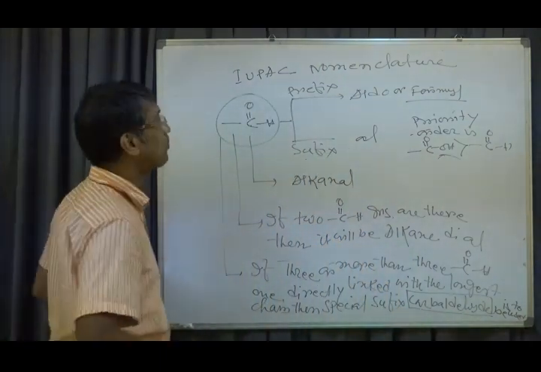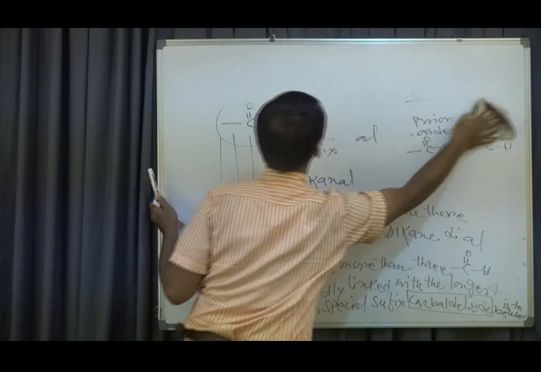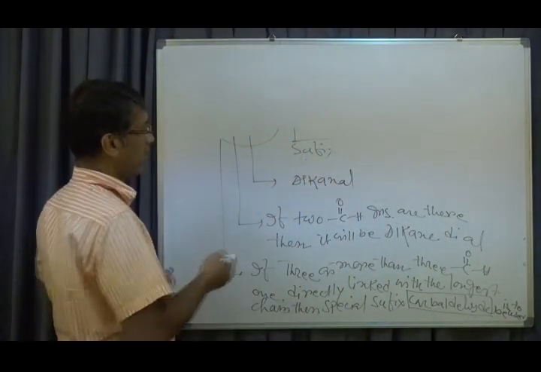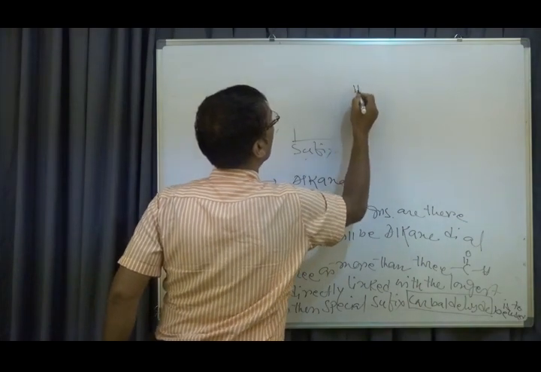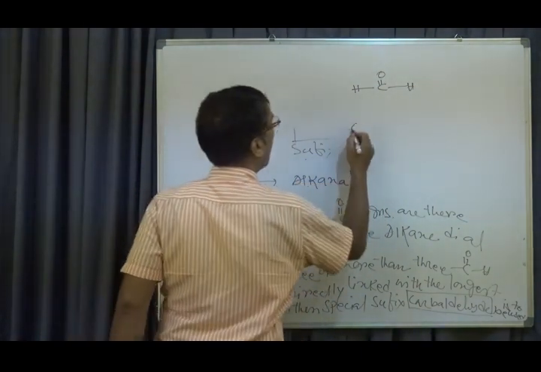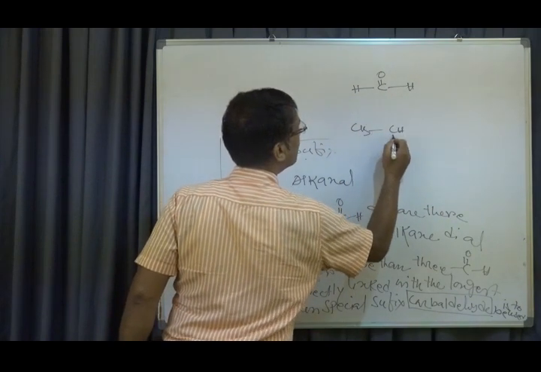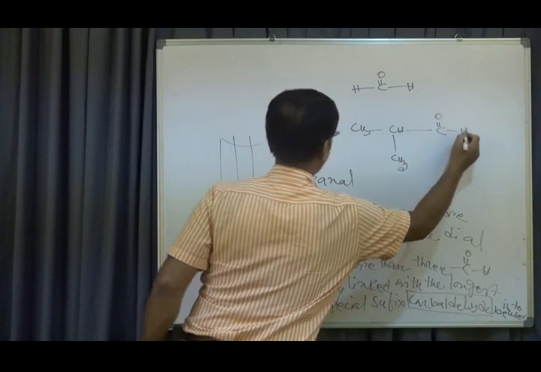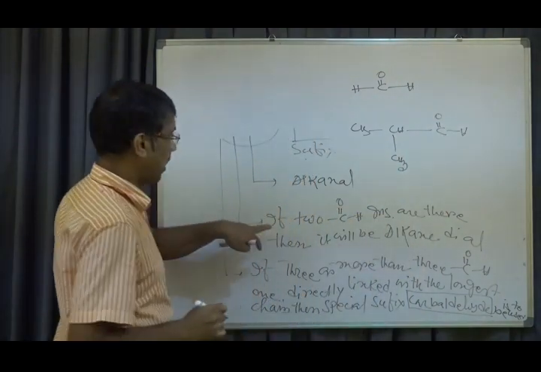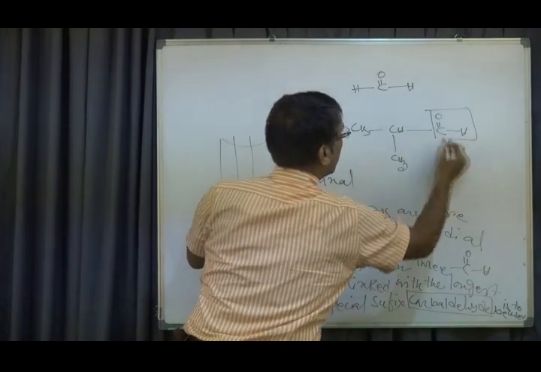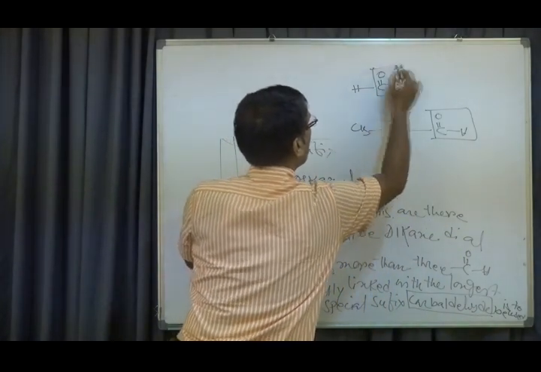Now, the first rule, alkanal: only one aldehyde group.